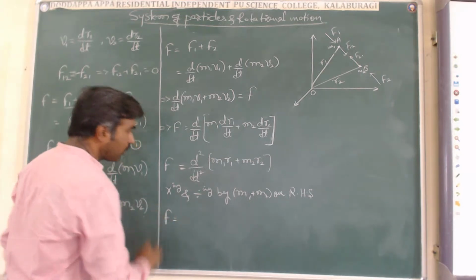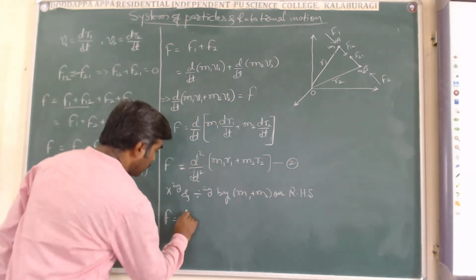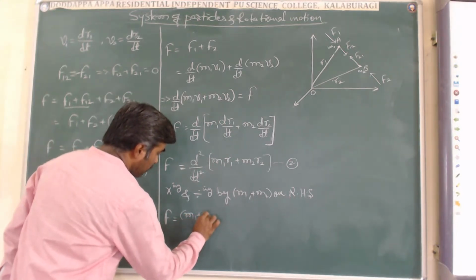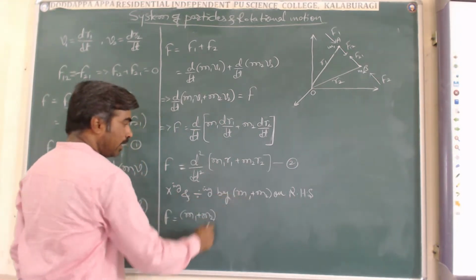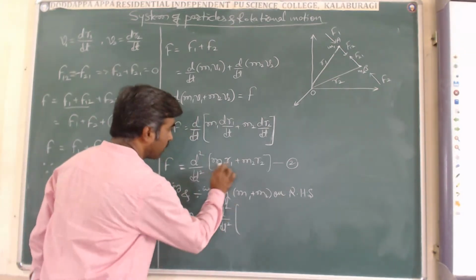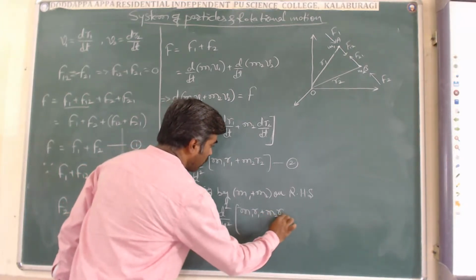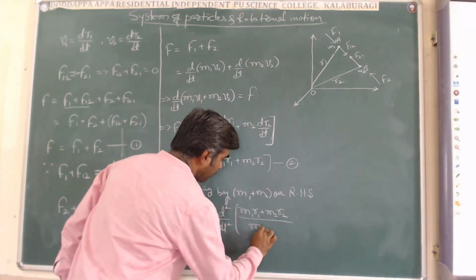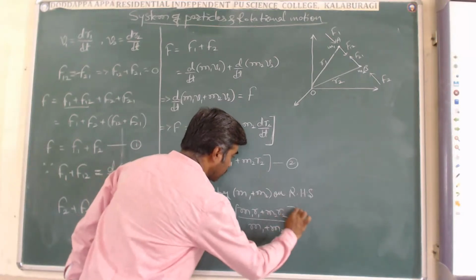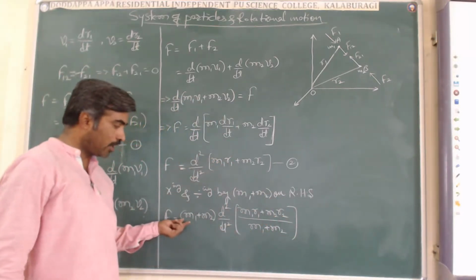So that F equals, consider it as equation 2, m1 plus m2 multiplying and dividing, d square by dt square as it is, m1 r1 plus m2 r2 divided by m1 plus m2. It is divided by m1 plus m2 and multiplied by m1 plus m2.